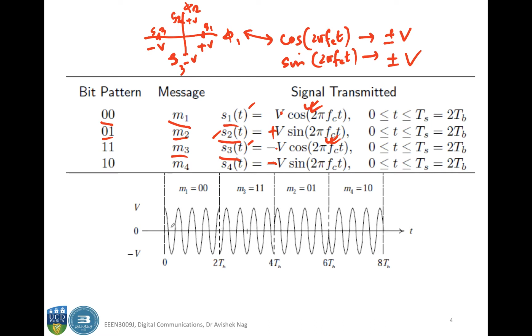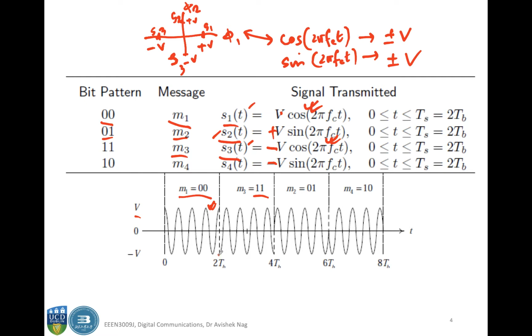And waveform wise this will look like this. So when you have 0 0, you have a cosine wave with amplitude ranging from v to minus v. When you have 1 1, let's say, then you have the same cosine wave but with a minus sign, which means a 180 degree phase shifted version.